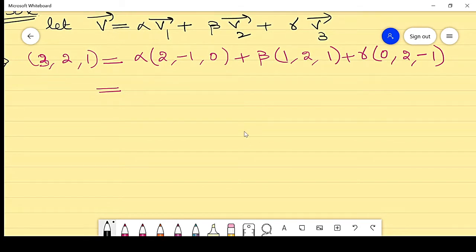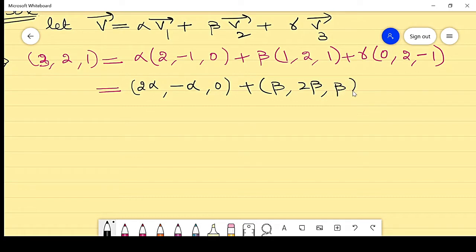Now first step is multiplication by scalars. So it will be (2 alpha, -alpha, 0) plus (beta, 2 beta, beta) plus (0, 2 gamma, -gamma). Now next property is property of addition.